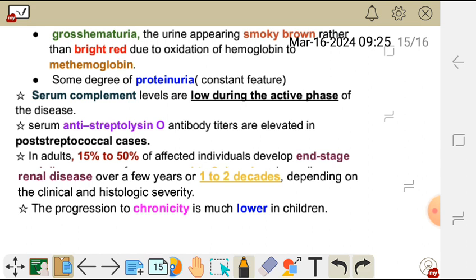Okay, and that is over 1 to 2 decades. That is 10 to 20 years. That's when it's going to develop into renal failure. Okay, and this can also progress to be chronic. Okay, and in children, progression to a chronic condition is lower.